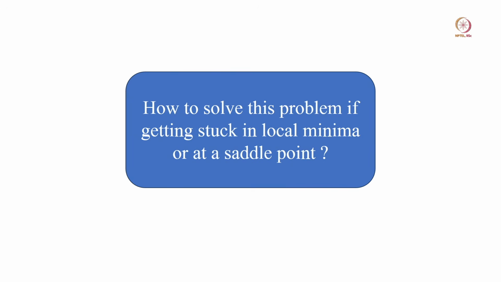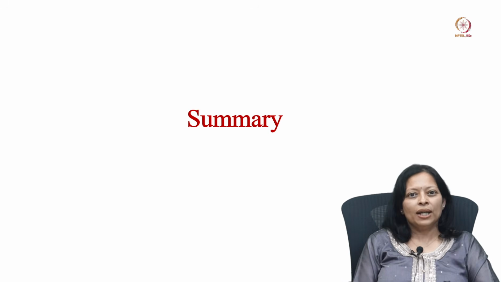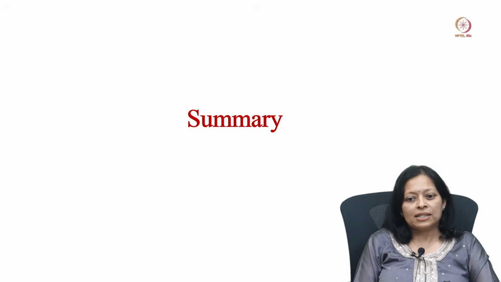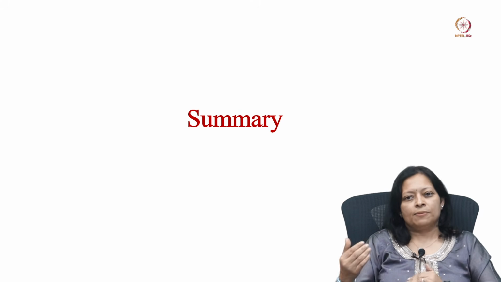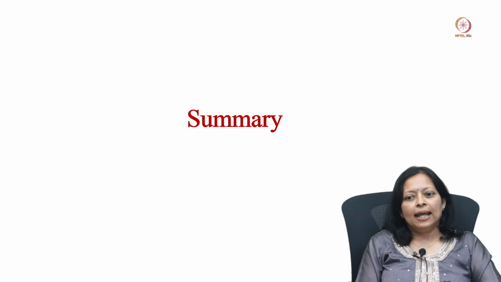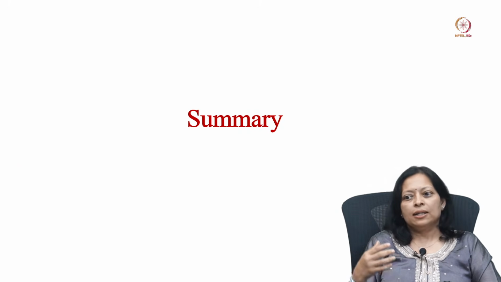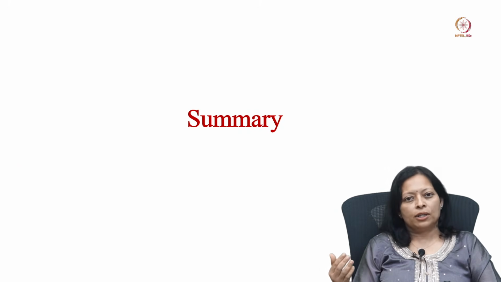So, with this I come to the end of today's session. We will quickly have a summarization of what we have discussed today. We started with what exactly optimization means. Optimization is the process of maximizing or minimizing a mathematical function. The reason optimization is so important in machine learning and deep learning is that we always want the error or the loss from our model to get reduced.